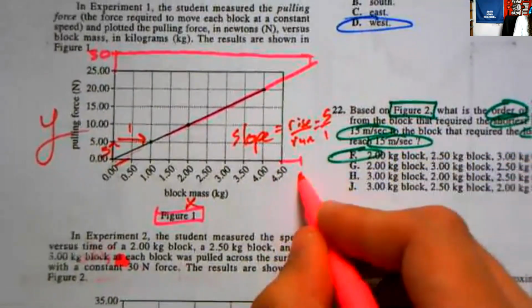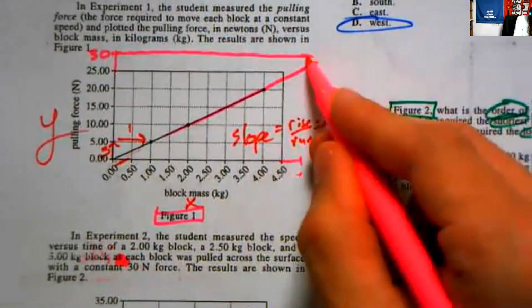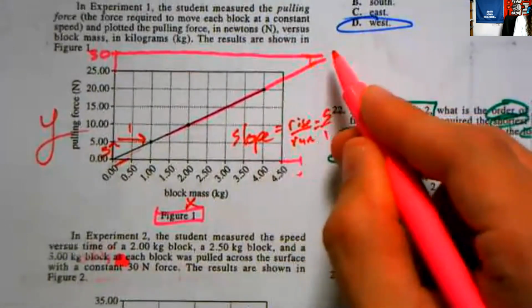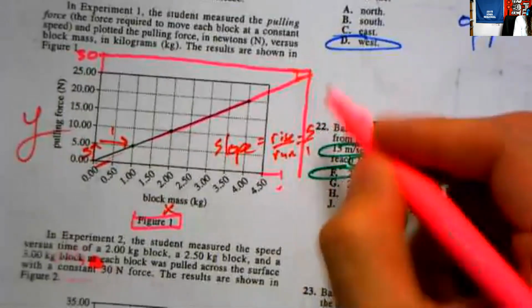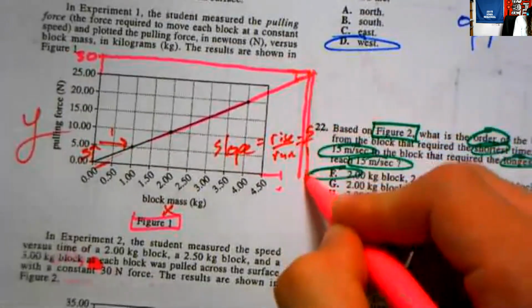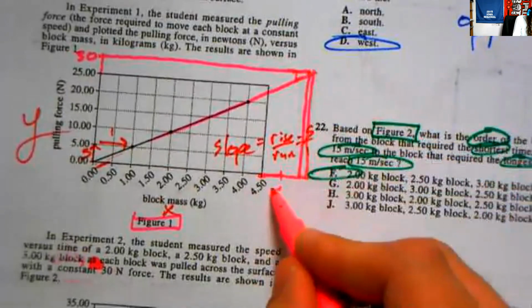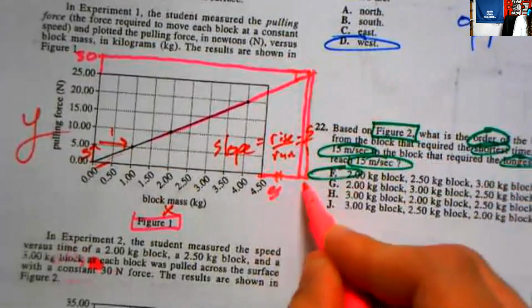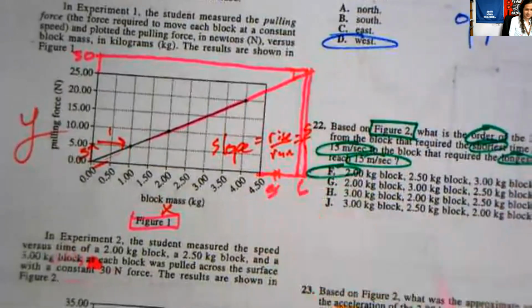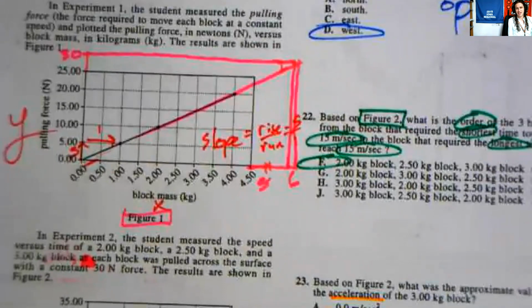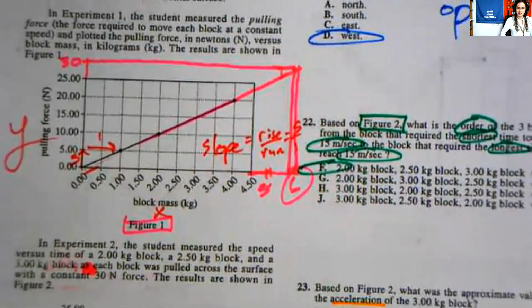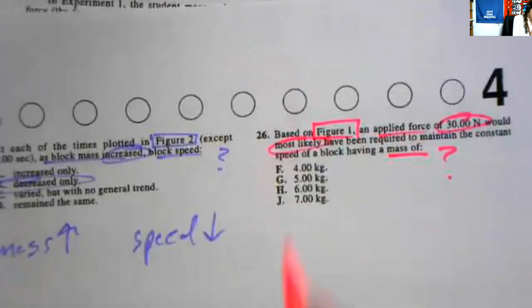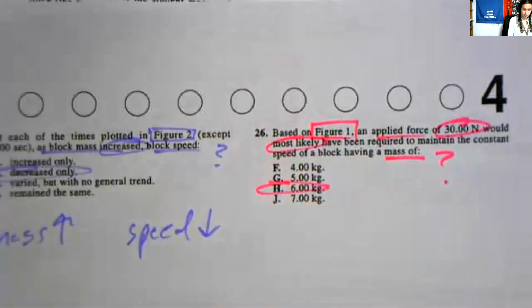Maybe stretch that line out. What's all the way out there? Looks like it's bigger than 5. Maybe it's 6. That answer might not be satisfying for you, but it is the answer. What's another way you could have found it?